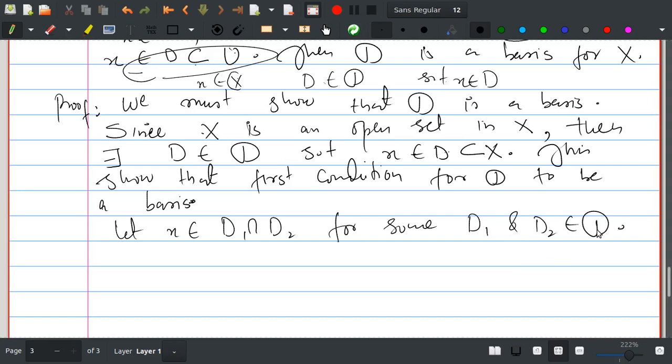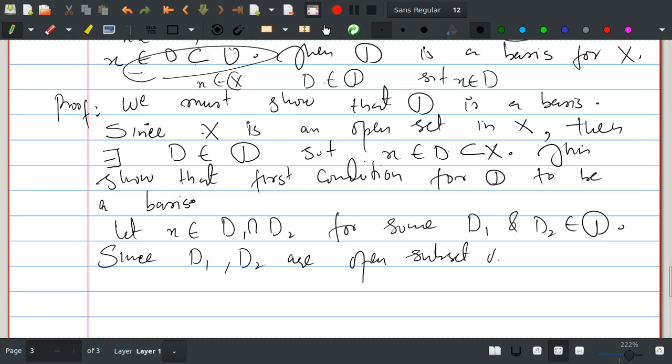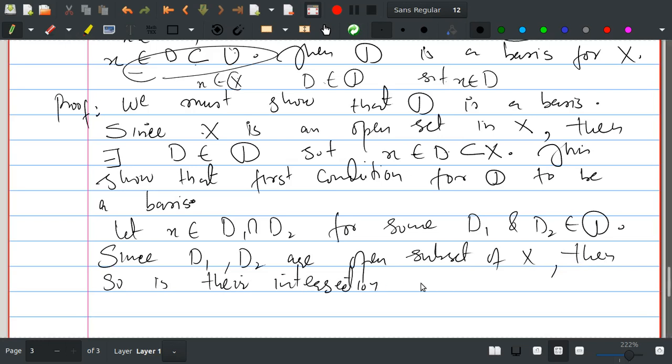Now note that this script D here is the collection of open subsets, and we know that the intersection of two open subsets is open. So since D1 and D2 are open subsets of X, so is their intersection D1 intersection D2.